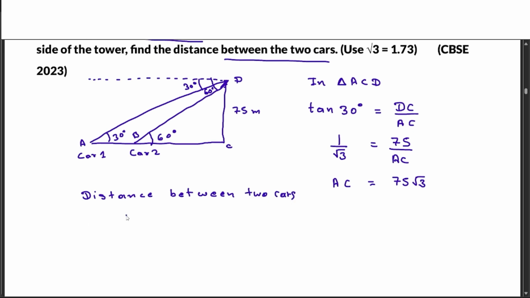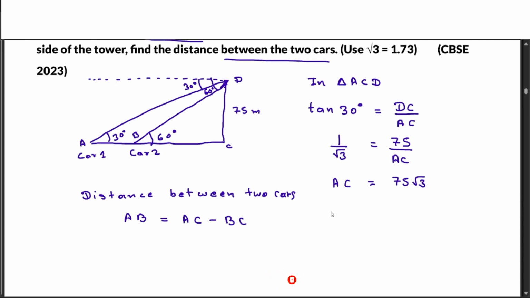So we can say here AB is equal to AC minus BC. So now you can see here we have got the AC. Okay. Now we have to basically find here what?